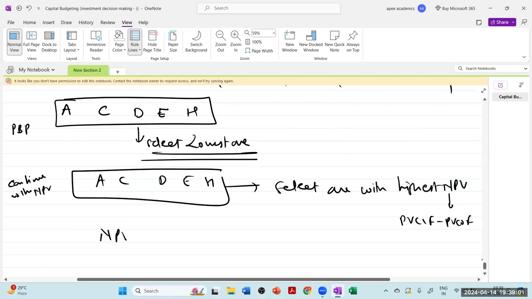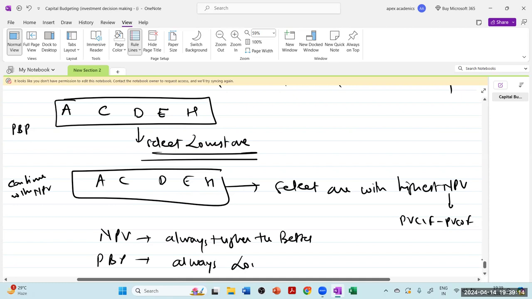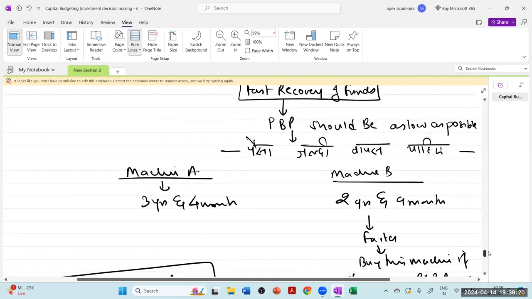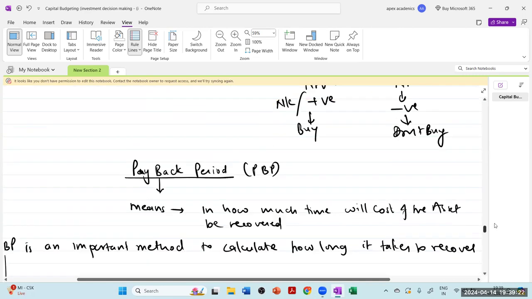So remember, for NPV, always higher the better. And remember, for PBP, always lower the better. We have finished two methods in today's conceptual discussion, NPV and PBP.